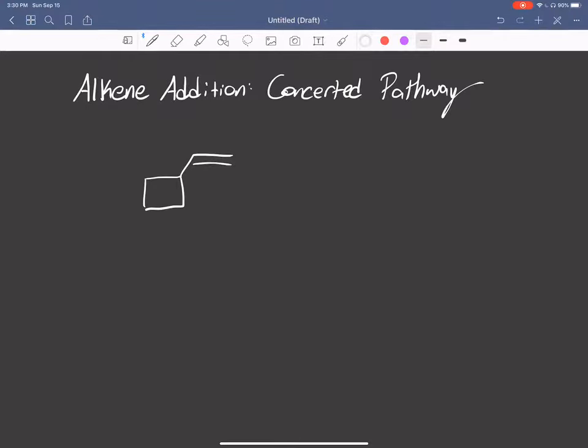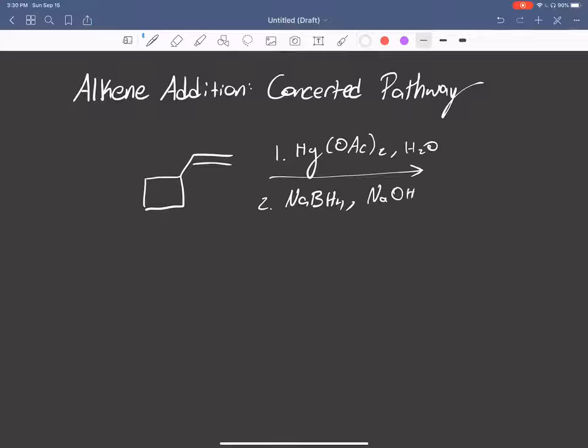So they gave us this compound, and they gave us an oxymercuration. So it was written like this. And they asked us simply, what's the product, right? A lot of people, because they see this four-membered ring, will assume that it's going to be a ring expansion.